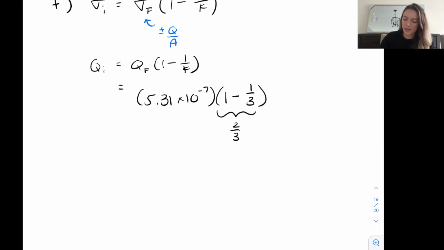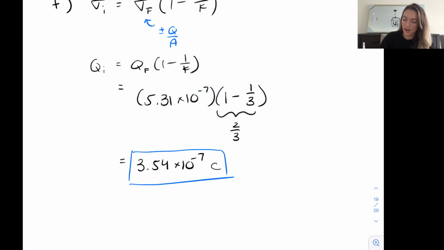So we just multiply our charge by 2/3, and we get 3.54 times 10 to the negative 7 coulombs. So this is the magnitude of the induced charge on the surface of our dielectric.